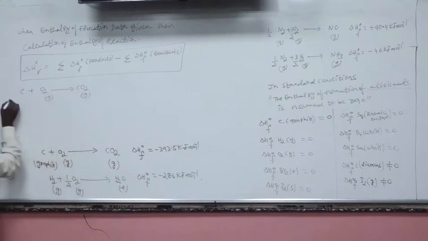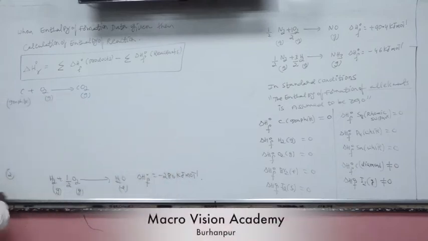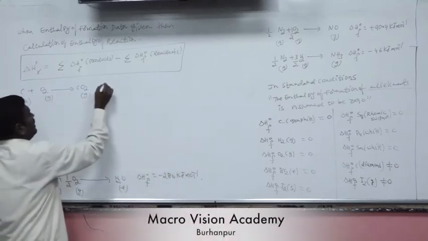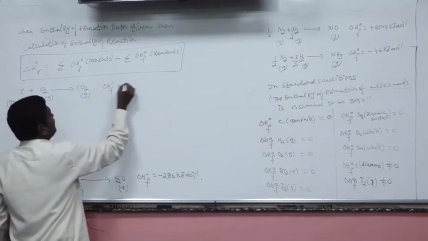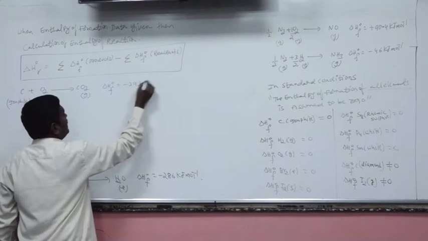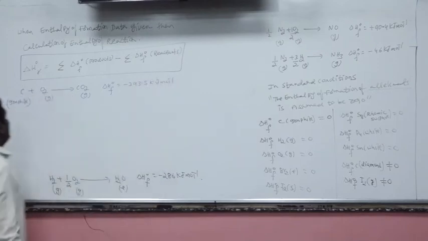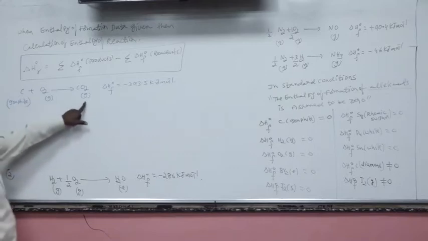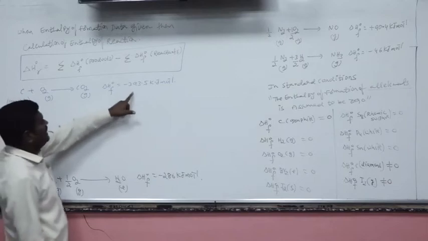What is the C, diamond or graphite? Graphite, because we are dealing in standard conditions, isn't it? Now here, what is the standard enthalpy of formation? Minus 393.5 kilojoule per mole. When 1 mole of CO2 is formed from its constituent elements graphite and oxygen, this much heat energy is released.